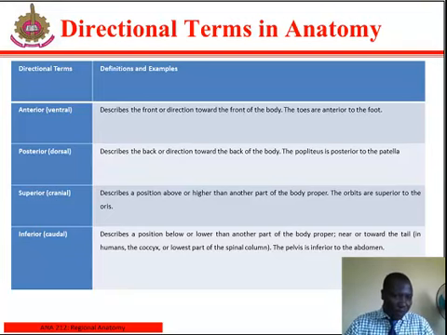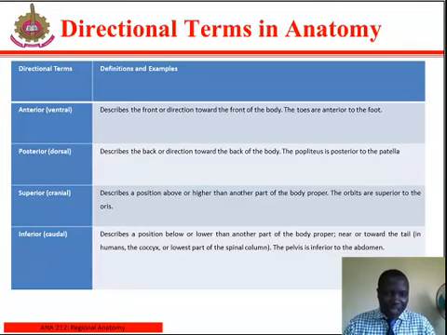Then we have inferior. It describes a position below or lower than another part of the body proper, near or towards the tail. For example, in humans, the coccyx, the lowest part of the spinal column, is at the inferior part of the body.